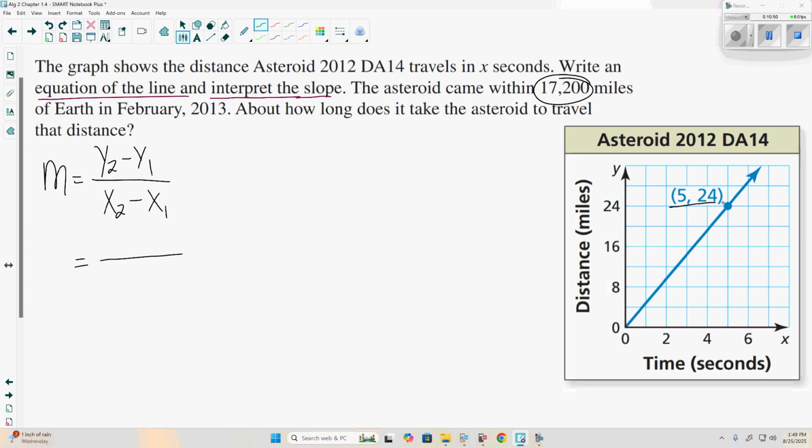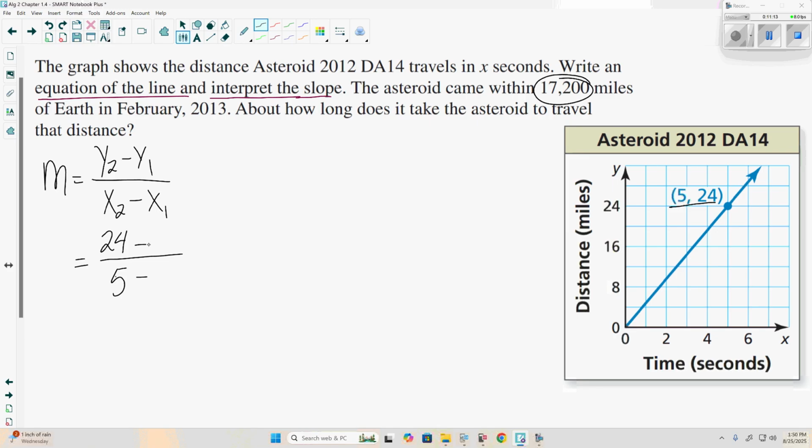It gave us one of the points at (5, 24), where 5 is our x value and 24 is our y value. So we can plug 24 in for y2. But if we do that, we also have to plug its corresponding x value into x2. Whatever y value we put first on top, its corresponding x value has to go first on bottom.